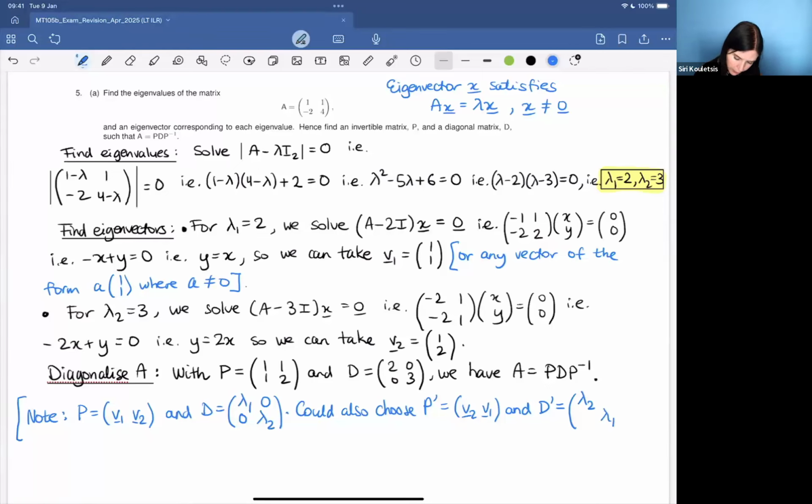And then we order the eigenvalues as follows. So this ordering matters. And if you want, you can check it: invert these matrices P in each case, and then multiply out, and you see that you're going to recover A.